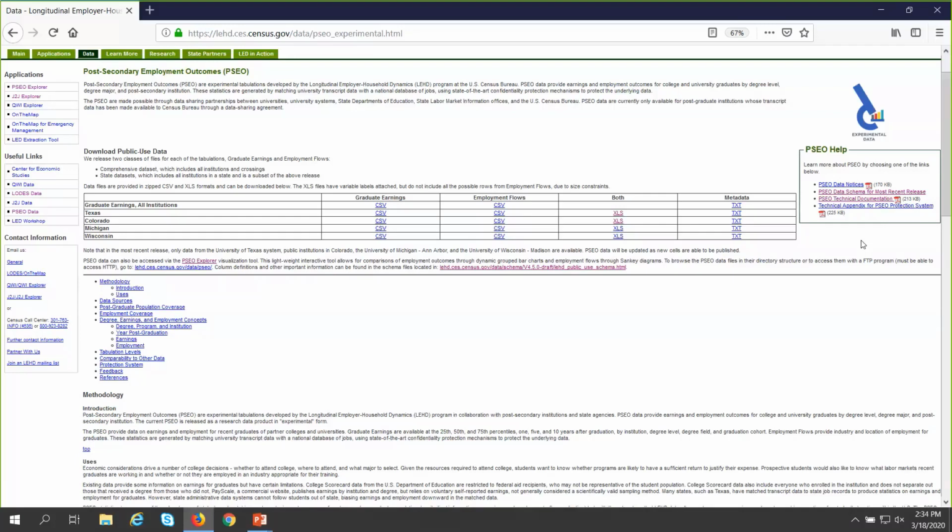Oh, yeah, that's a good question. So there is no cost currently. You give us data and we can produce this PSEO. There is some funding that is made available specifically for PSEO as part of the research and methodology within Census. So it's not something that we charge for from institutions. It's something that we produce as a public good for the country, I guess.